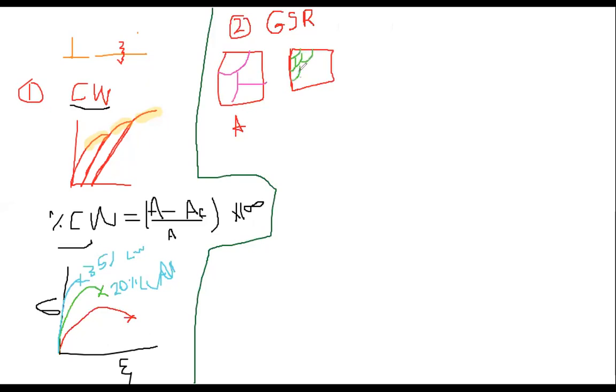Why do you think material B is stronger than material A? Because it has more grain boundaries.